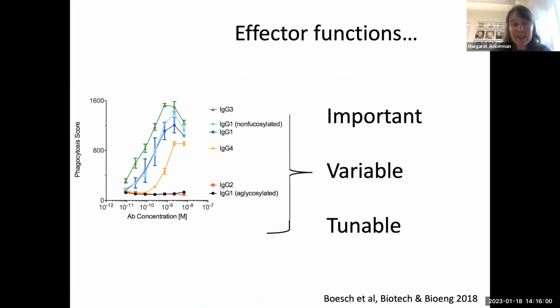And what you can see here in this phagocytosis assay, where a phagocytic score is reported on the y-axis, is that there's a really strong dependence of this activity on the particular subclass and the glycan composition of a conserved glycan motif that's incorporated on the antibody Fc.